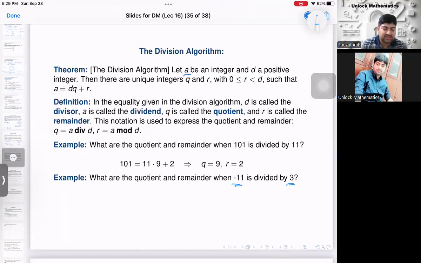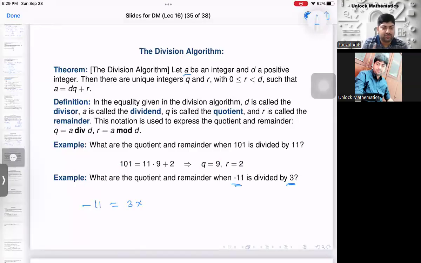Now you should get the remainder as positive and less than 3, right? So you have to represent minus 11 in such a way that the remainder is a positive quantity and is less than 3. How to do that? Minus 11 is equal to 3 times.